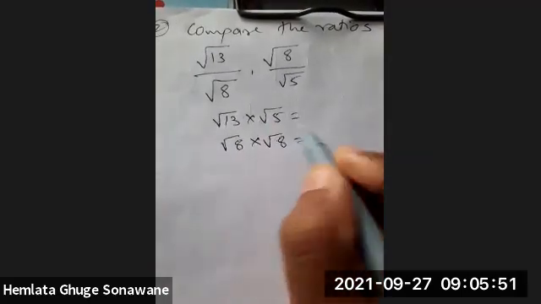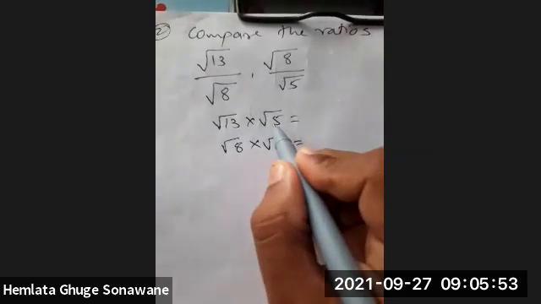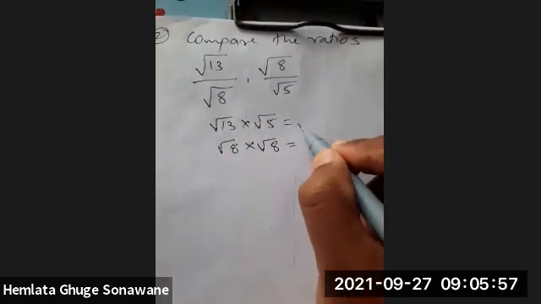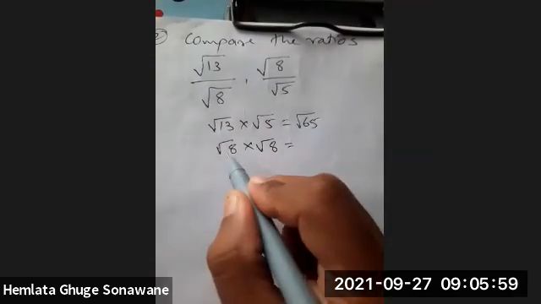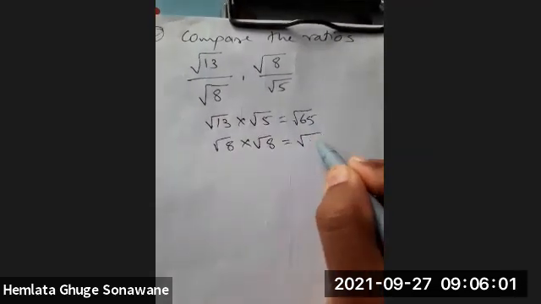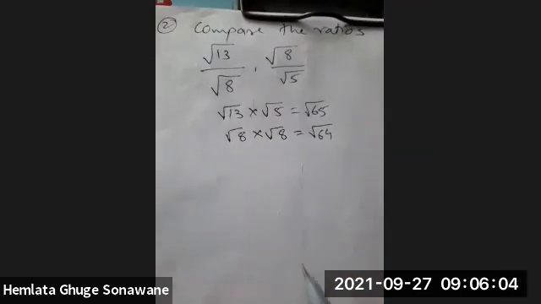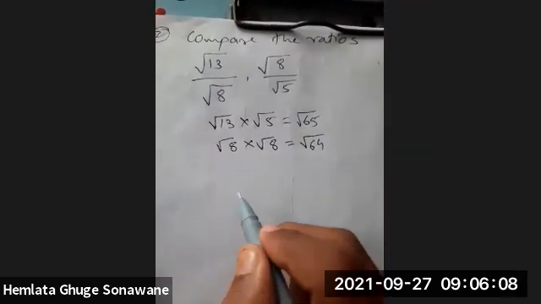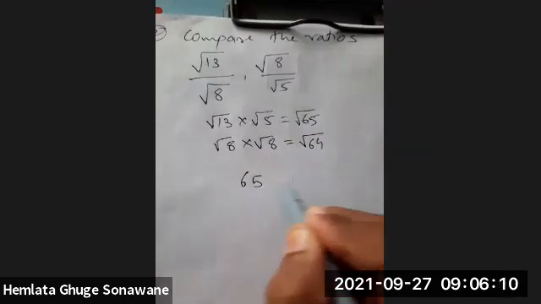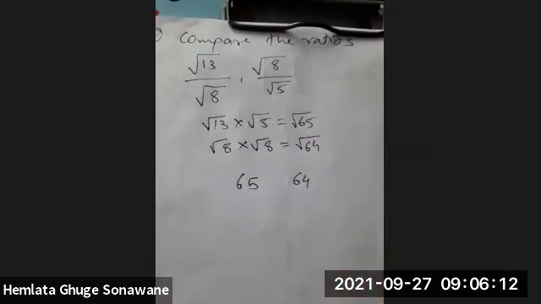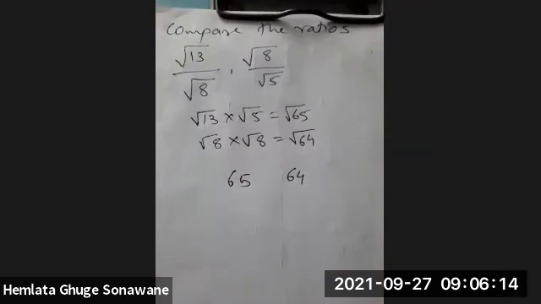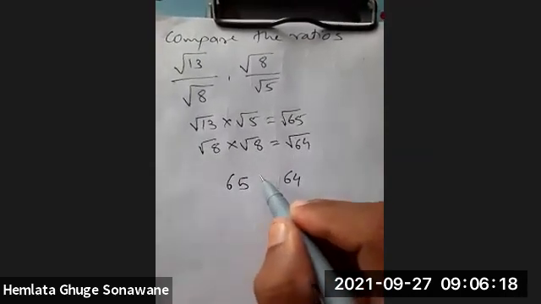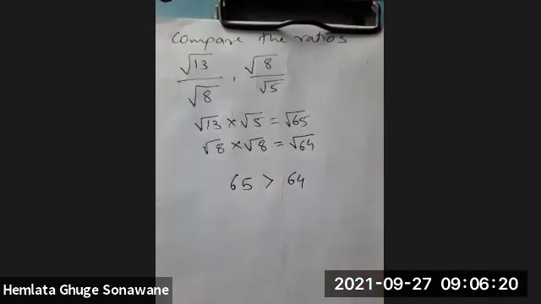Very good. Under root 13 into under root 5 becomes 65. And under root 8 into under root 8 becomes under root 64. Now we have 65 and 64, and we have to compare both numbers. 65 is greater than 64, so we'll mark it like this.